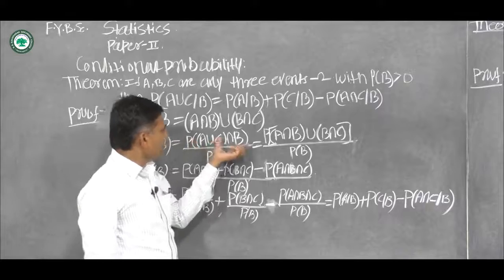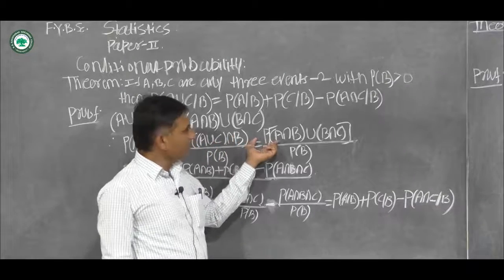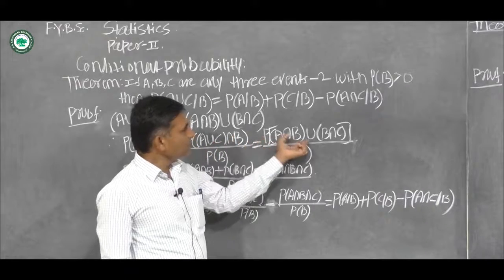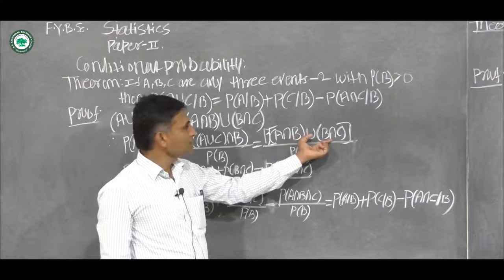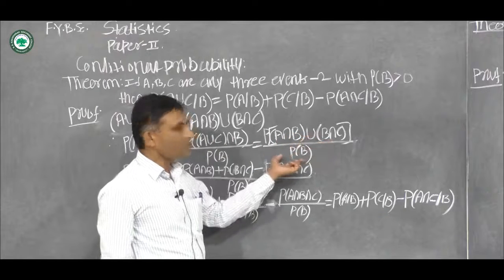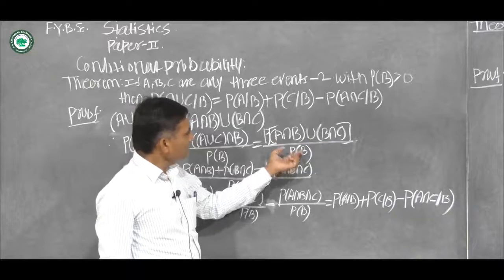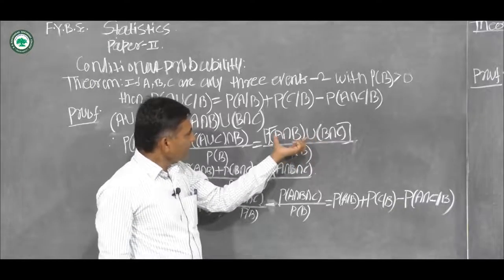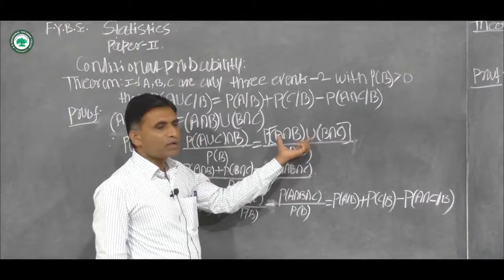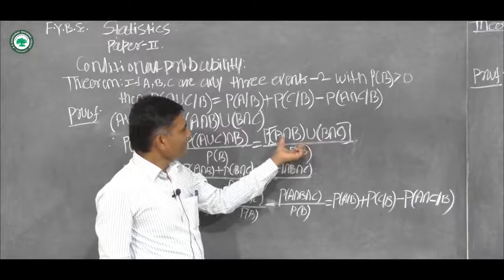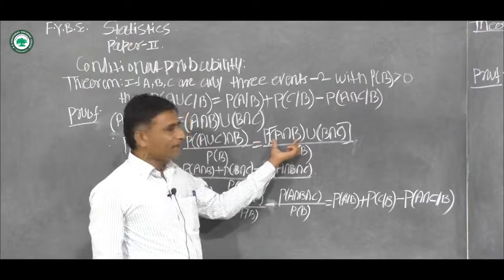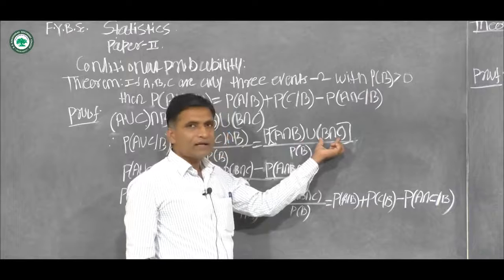Now, this can be written as probability of A intersection B union B intersection C divided by probability of B. Here we use the addition theorem for probabilities. A intersection B is the one event and B intersection C is the other event.